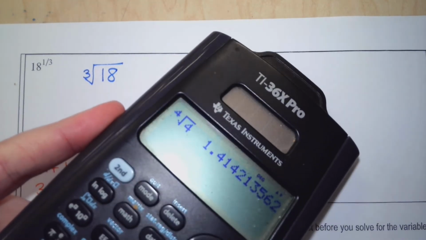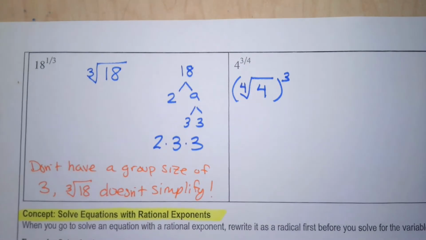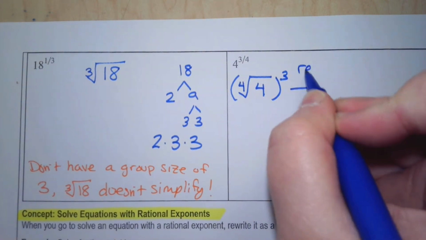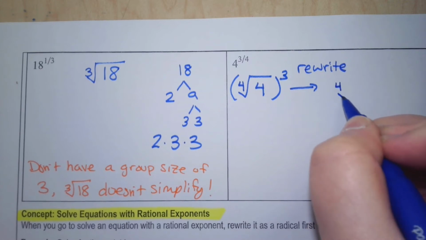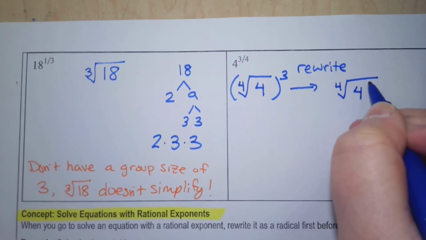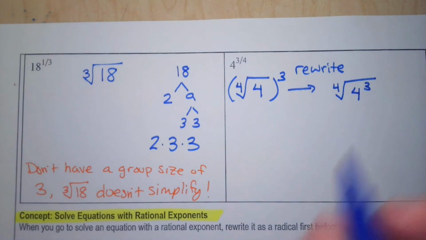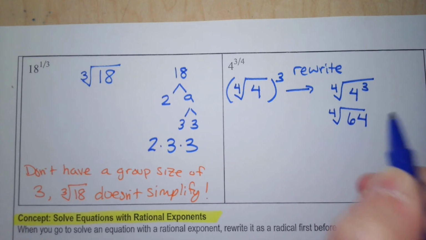So if you do not get a perfect root, then I am going to rewrite this as the 4th root of 4 to the 3rd. And then we're going to simplify that to the 4th root of 64.